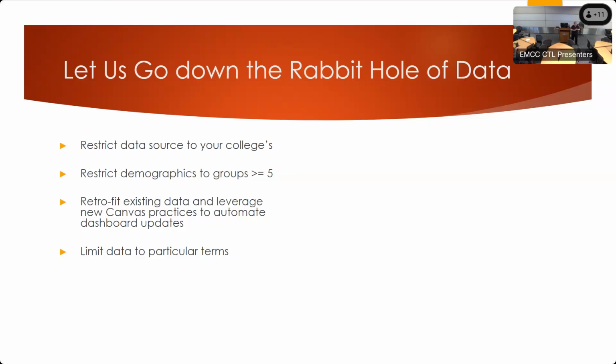Because we went from 8 ILOs to 3. HLC criterion changed around then as well, so it made sense. That's where we started. For your college, it may be different. Maybe you want to start now. Then the coding's not a problem. But if you have historic data, you're going to have to do some recoding around it. But restricting the amount of terms that show up in the raw data will greatly improve the performance of your flow.